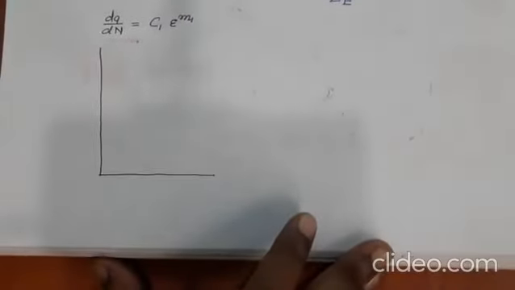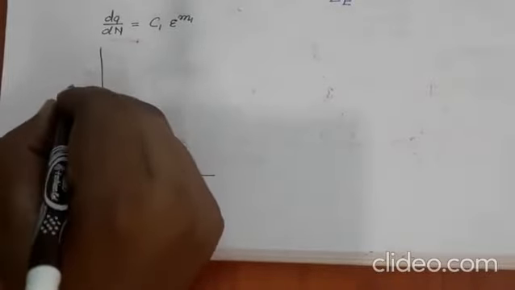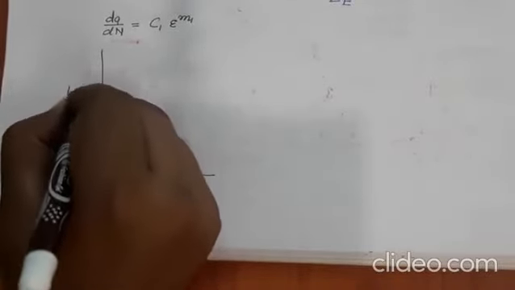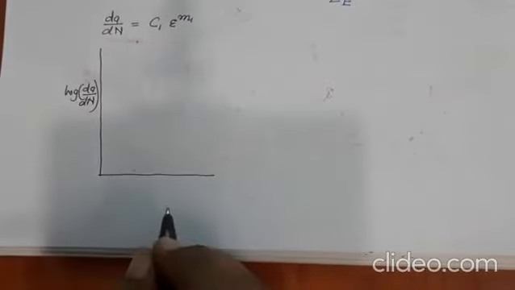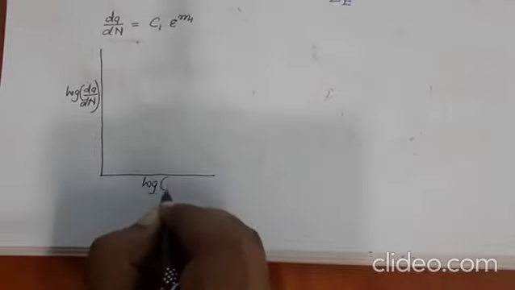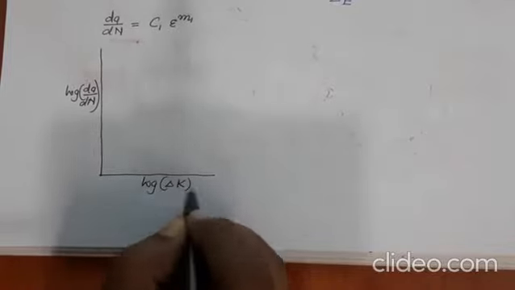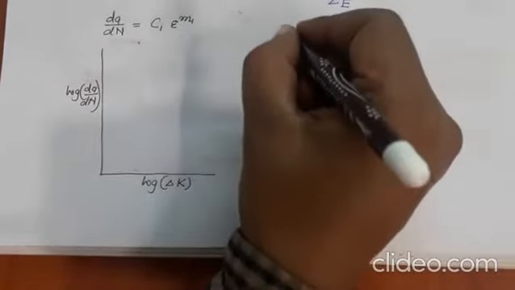So if we plot the crack growth rate dA by dN in log scale on the y-axis, and the log of delta K instead of stress amplitude or strain, what will be delta K?